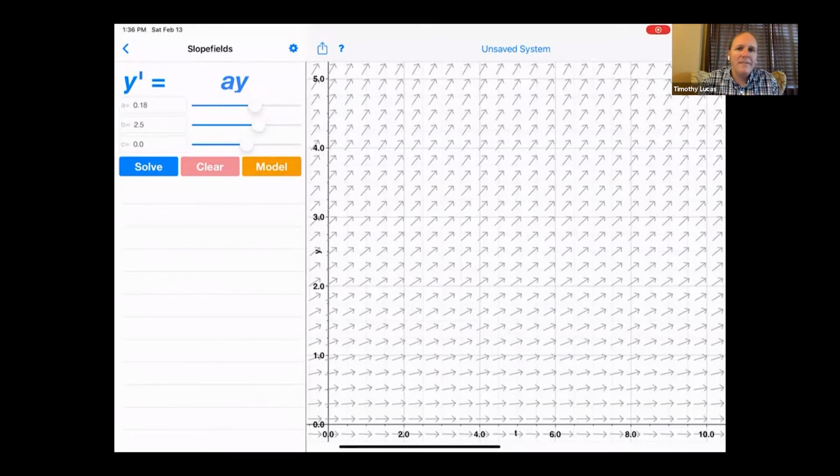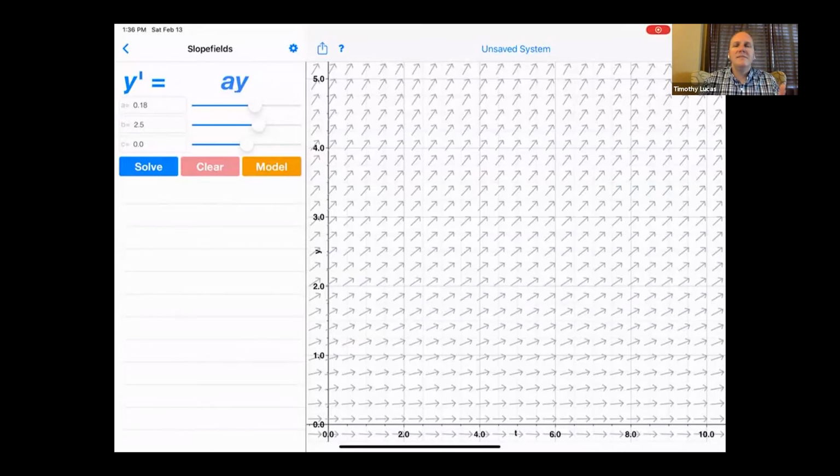They'll usually say something about the fact that they're all going up, but then they'll notice that the slopes associated with those arrows are getting larger as you move up the screen. So I ask them to make these kinds of observations, and ask how the patterns that they see relate to the differential equation and to the model. This particular model that I would have presented them would have been some sort of population growth.